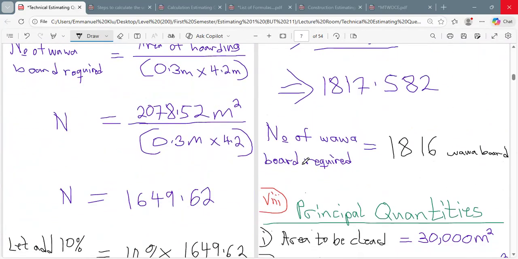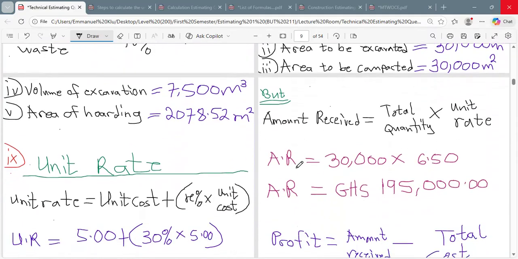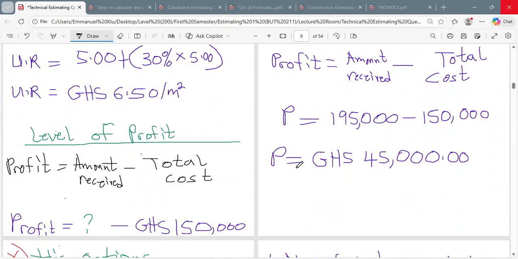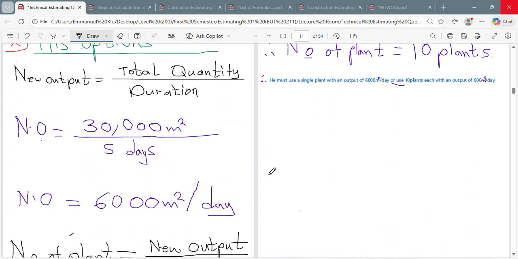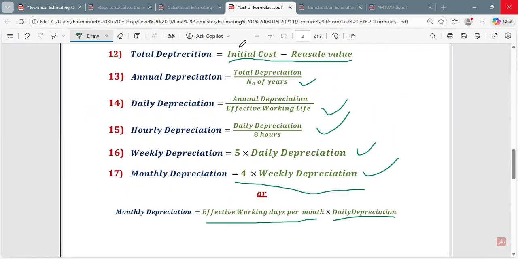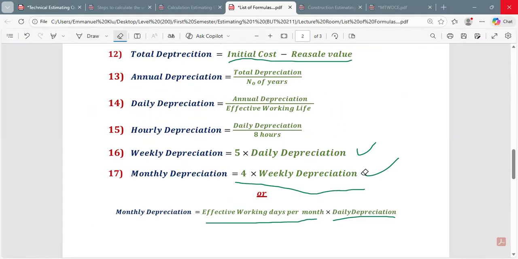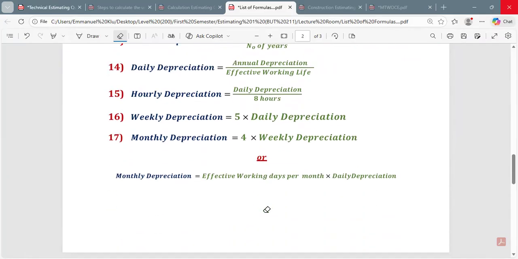And if you find any other questions similar to whatever we have solved that you wish to ask more about, I'm going to do that for you. Take note that these are some of the formulas we are using. This is a list of them. If you need screenshots of them, I won't send them to you. If you didn't watch the video, it means that you didn't have access to the formulas.